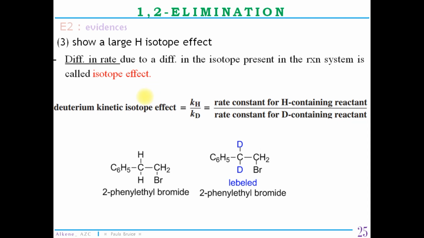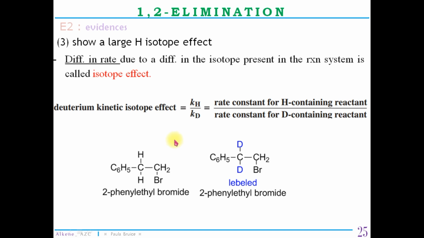For example, we have 2-phenyl ethyl bromide where this carbon contains hydrogen, and a labeled molecule of 2-phenyl ethyl bromide where the carbon has deuterium in place of hydrogen. So the deuterium kinetic isotope effect is equal to the rate constant for the hydrogen containing reactant divided by the rate constant for the deuterium containing reactant.